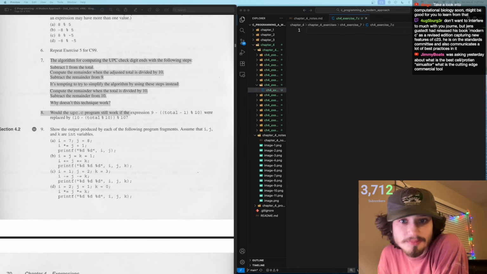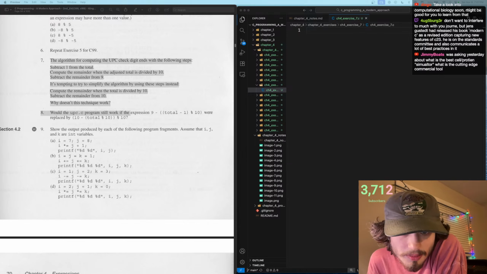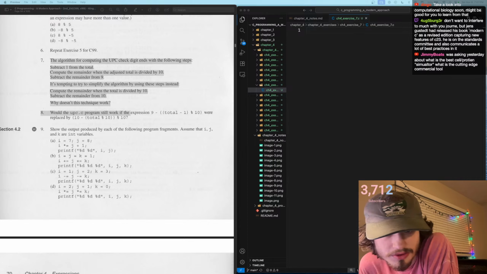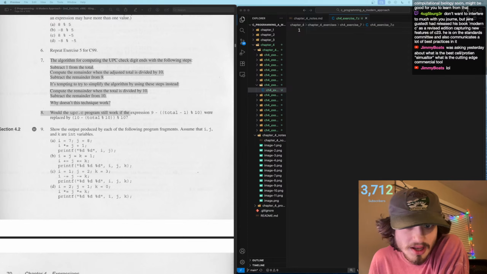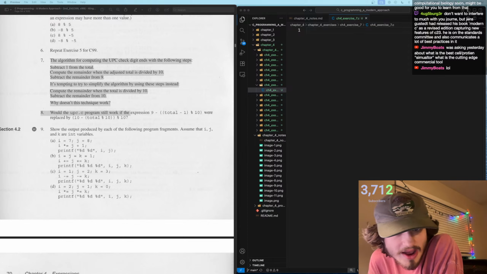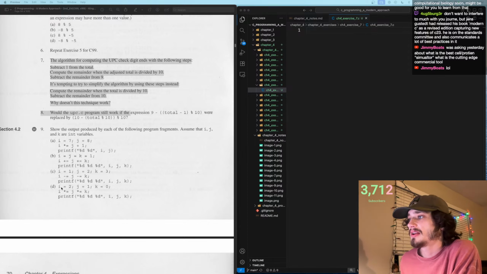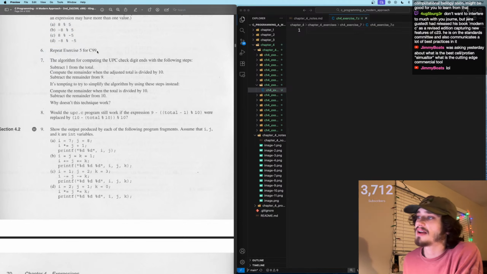Oh, hey, sorry, Burger. I don't want to interfere too much with the journey, but Jens Gustedt had released his book Modern C, a revised edition capturing new features of C23. He's on a standard committee and also communicates a lot of best practices in it. That's really cool. Yeah, we'll have to check that one out after this one. I have no problem. Maybe I was just recommended this one because it has a lot of really good examples for modern C, C99 and above, and also lets you know about the past too.